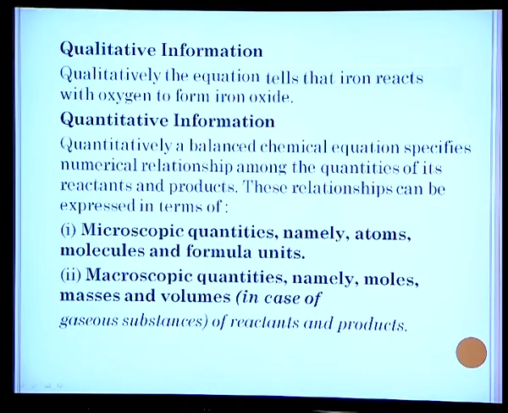Quantitative information: quantitatively, a balanced chemical equation specifies numerical relationships among the quantities of its reactants and products. These relationships can be expressed in terms of microscopic quantities, namely atoms, molecules and formula units; and macroscopic quantities, namely moles, masses and volume in case of gaseous substances, of reactants and products.